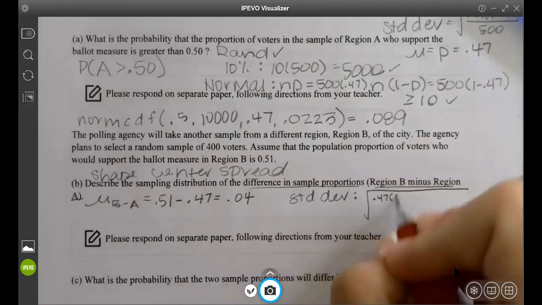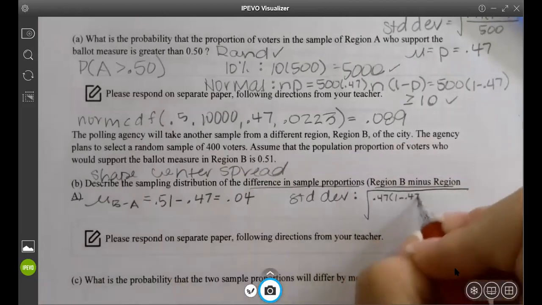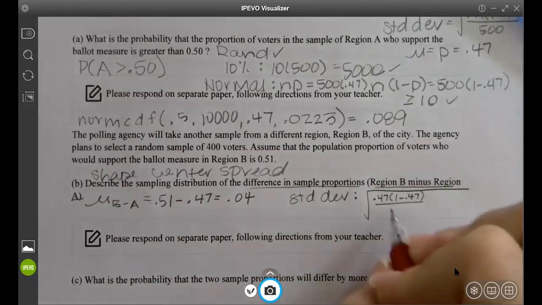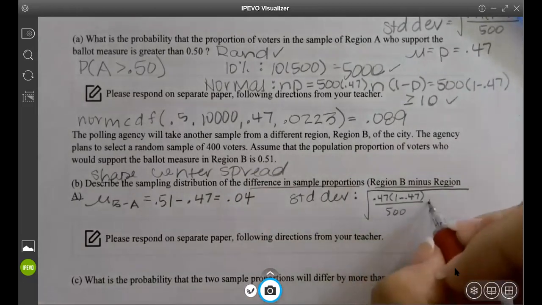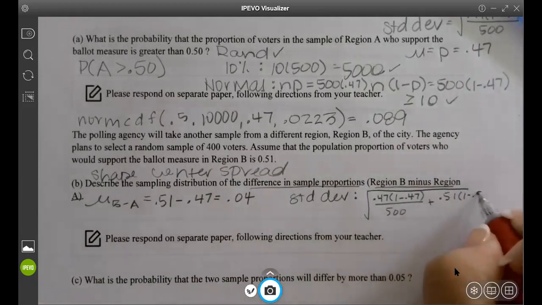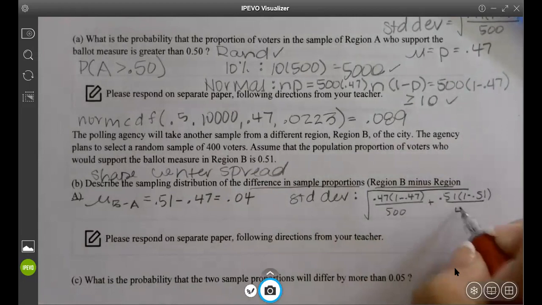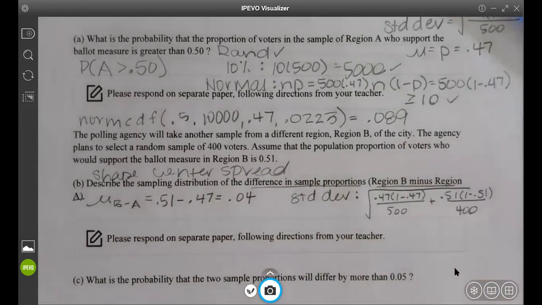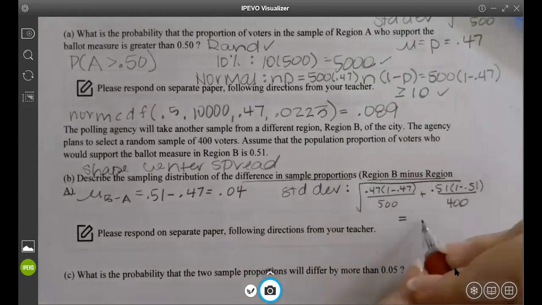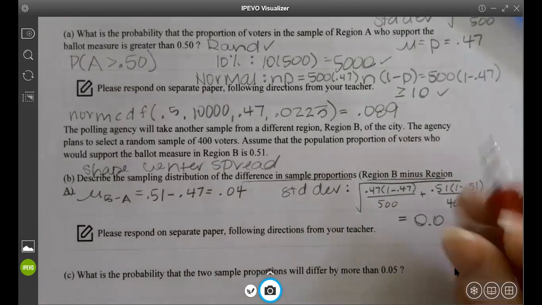You're gonna do A. It doesn't matter which one you do first because we're not subtracting. You're gonna add. We have 0.51, 1 minus 0.51, but this sample size was 400, which gives you 0.0335.